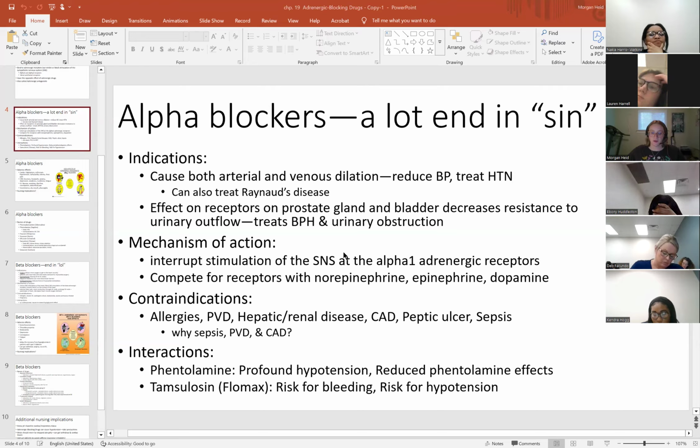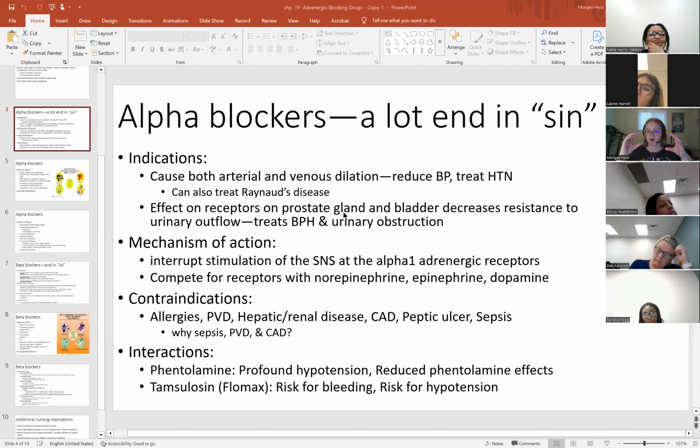So what the sympathetic nervous system does is it causes vasoconstriction, right? If I have high blood pressure, a hypertension disorder, what I'm going to want to do is cause those vessels to not be able to constrict, because if they constrict, that can contribute to making my blood pressure higher.